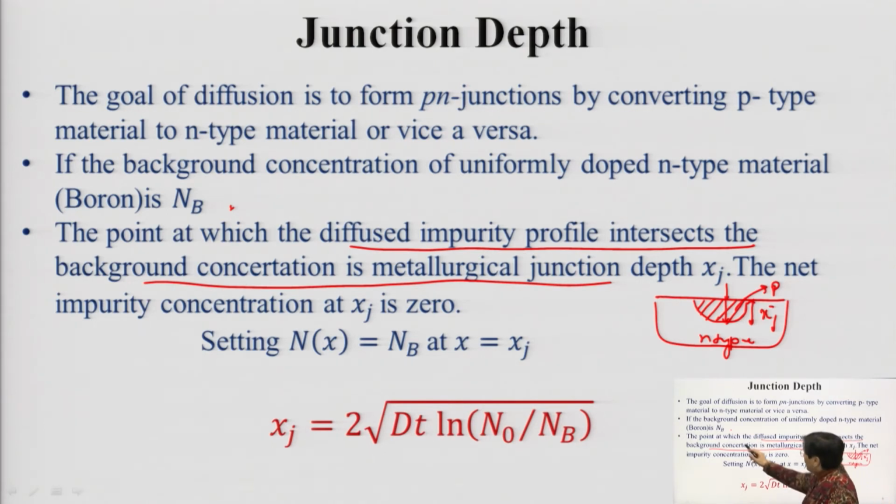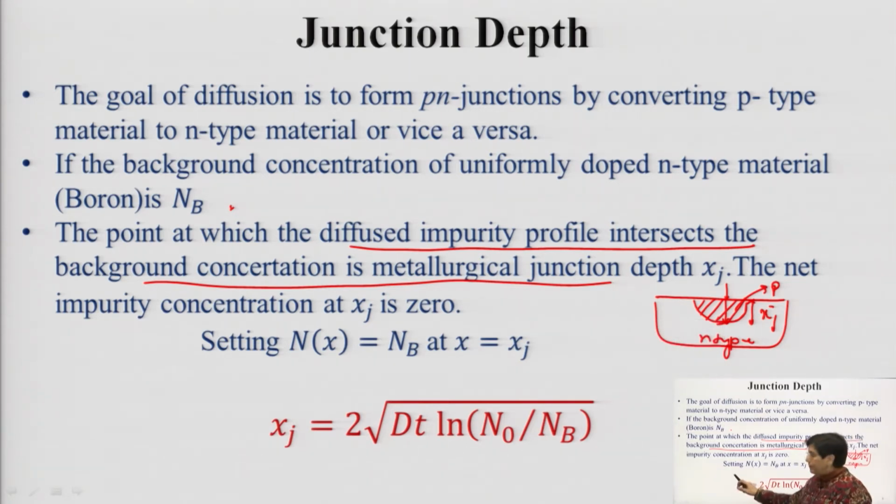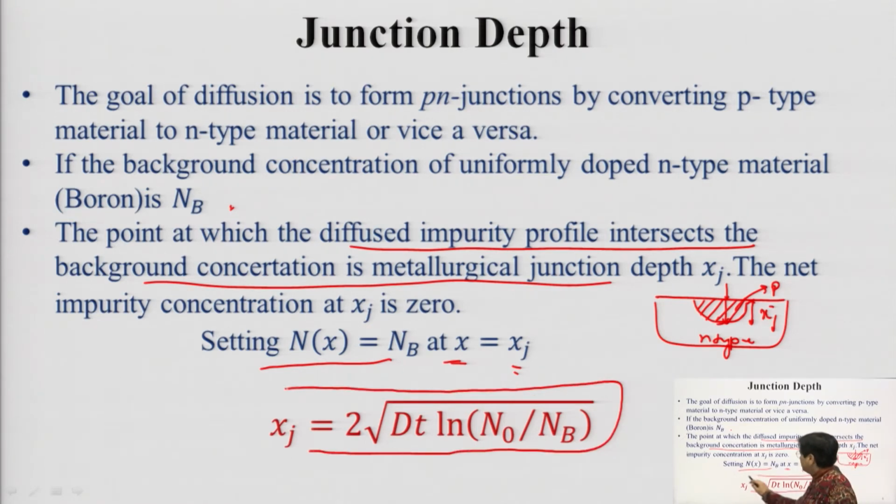The point at which the diffused impurity profile intersects the background concentration is the metallurgical junction depth Xj, and the net impurity concentration at Xj is going to be 0. Therefore, when we set N(x_j) equal to Nb, we call it x equal to Xj, and this Xj is given by the equation Xj = 2 √(Dt) √(ln(N0/Nb)).